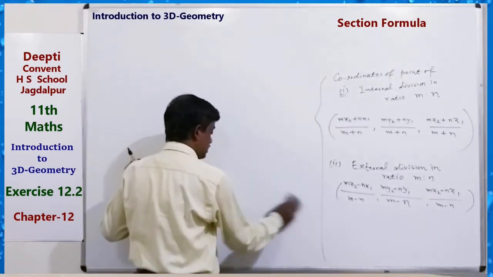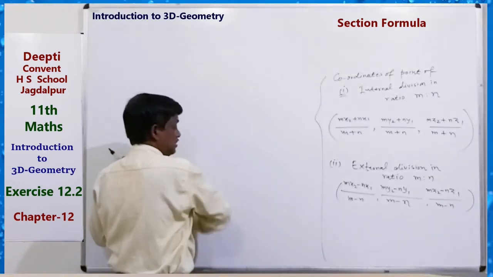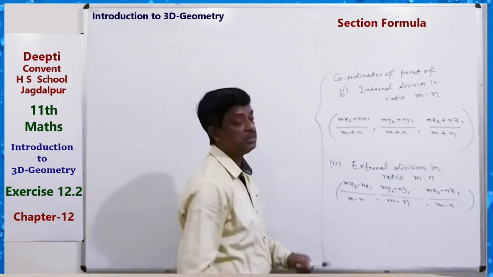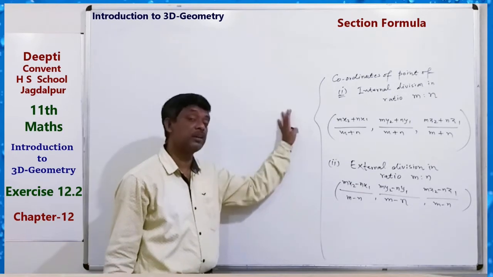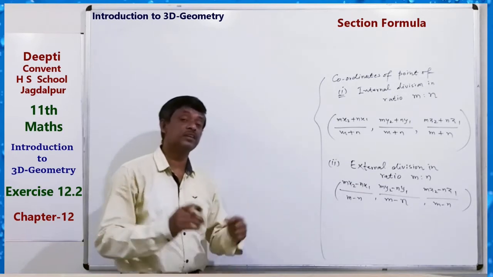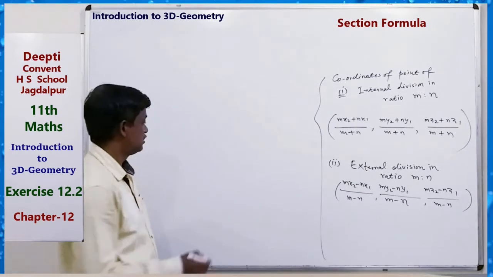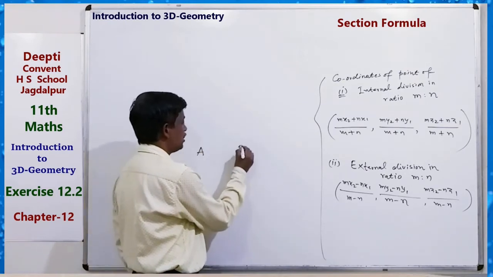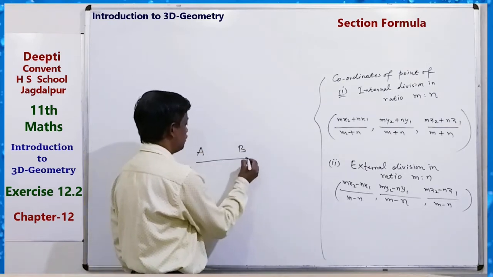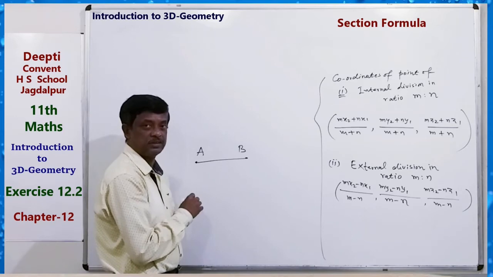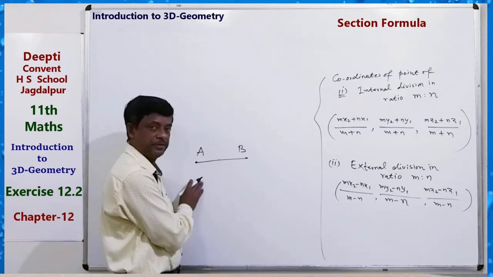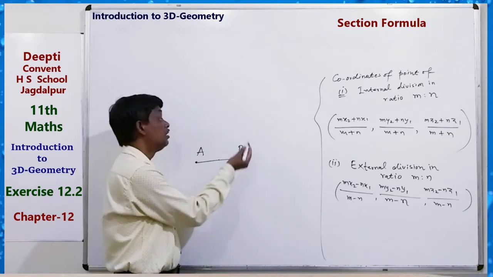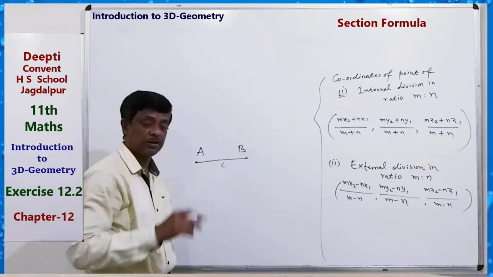This section formula is very, very important. By using the section formula, we can also prove the collinearity of points. Suppose two points are given. Just find if the third point is on this line or not.